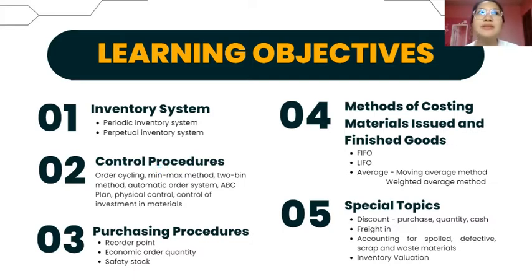Right? Of course, even small business owners need to adopt measures to have control over first their purchasing. So, when do they purchase and how many units, right? Because they should not run out of stock or have too much stock, because they also have to store it, and that's when our storage and handling comes in.